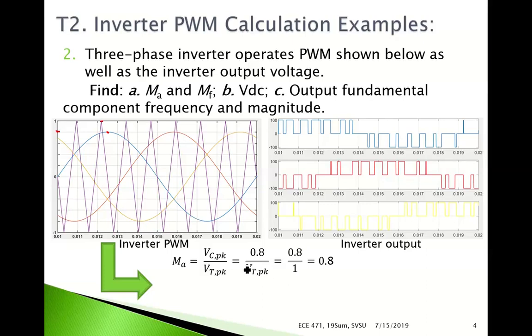And the concept for MF remains the same as well, which is equal to the triangle signal frequency over the control signal frequency. And we still have two ways to go with: the first way is to estimate the period for each one of them, and the second one is to count how many cycles.